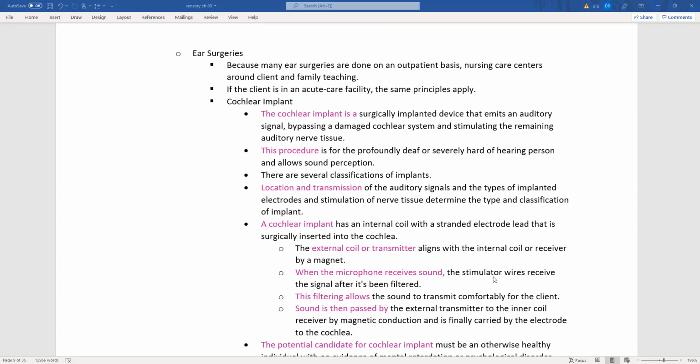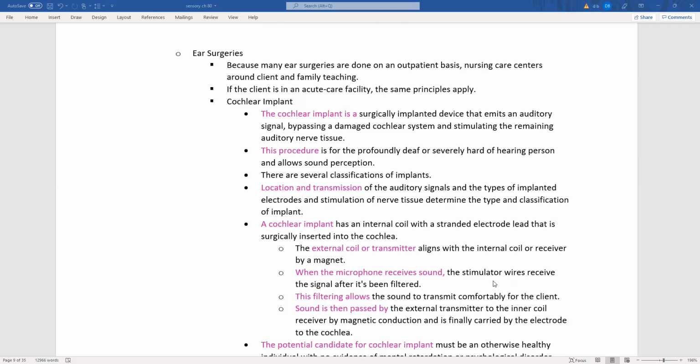I believe that when the cochlear implant picks up noise, those stimulator wires are in place of the little bones and the little fibers, the hairs in your ear that help you pick up signals. I know this because I'm the one going through ear issues, so I've done research on this.